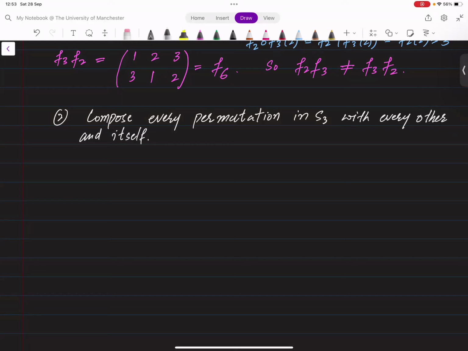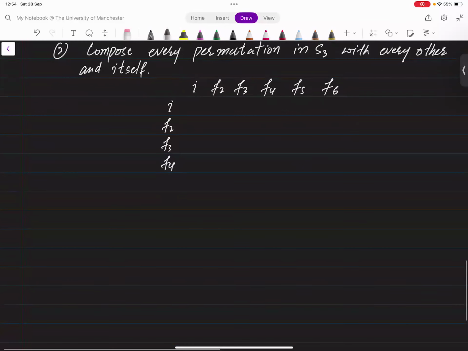Writing a table, and that table is going to be that we have identity, we have F2, we have F3, F4, F5, F6. And similarly, we can write identity, F2, F3, F4, F5, F6.